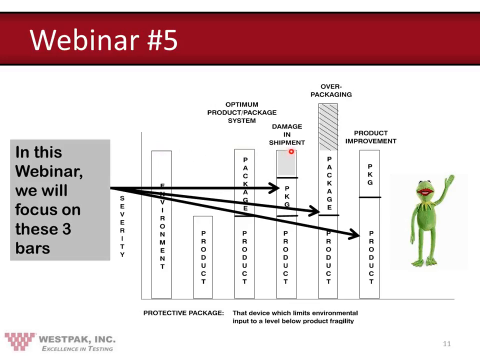In this particular case, it falls short, so that's why we have damage in shipment. In this particular case, we have a package system that's very much more than what we need for the distribution environment, so that's wasteful packaging. And in this particular case, we've actually ruggedized the product so that the package occupies less of our out-of-pocket expenses.